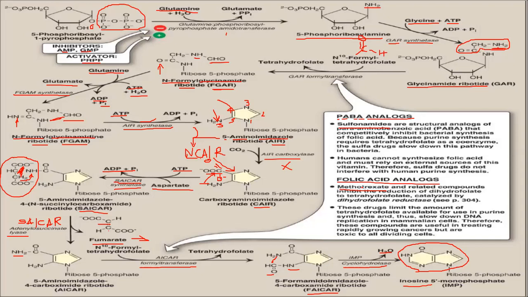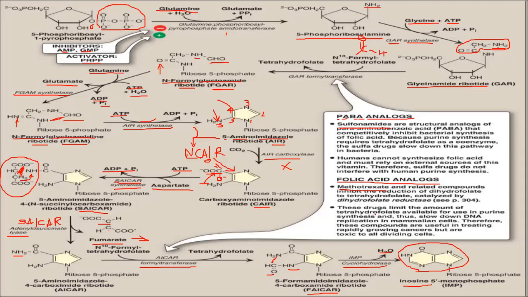Because it affects the skin cells, it will cause those people to have scaly skin. Also, it affects those cells that lead to hair formation. That is why there is hair loss. Because the folic acid analogs are affecting the conversion of folic acid, which usually converts folic acid to tetrahydrofolate.